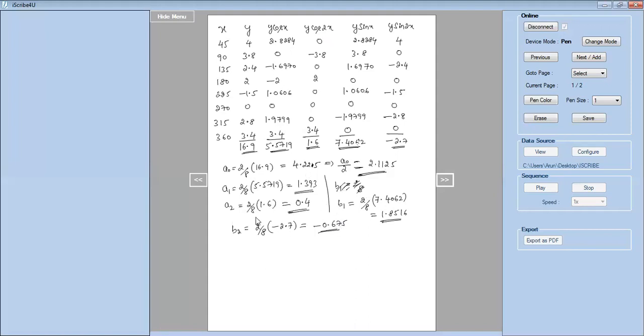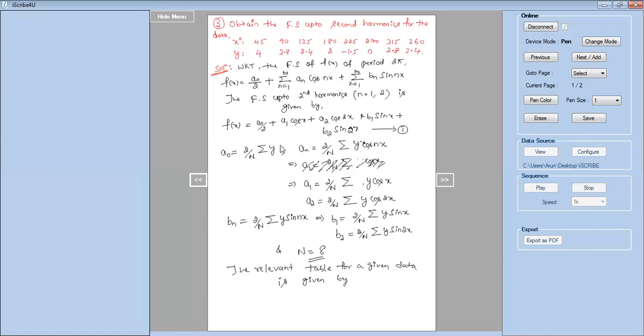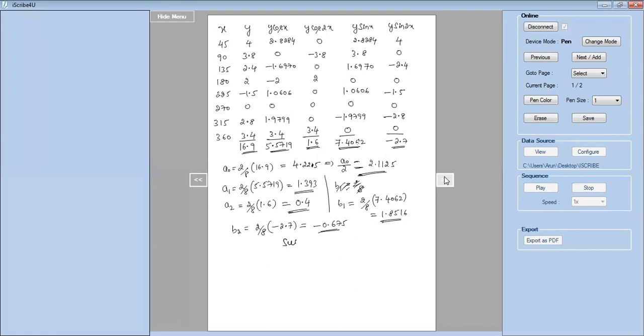Now substitute all these values of Fourier coefficients in equation 1, we get f of x equals. The first term is A0 by 2, which is 2.1125, plus next A1 cos x. A1 is 1.393 into cos x, plus A2 cos 2x.